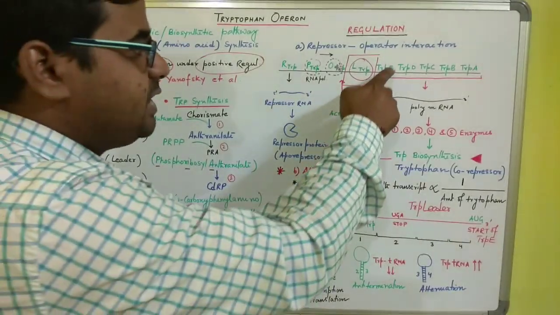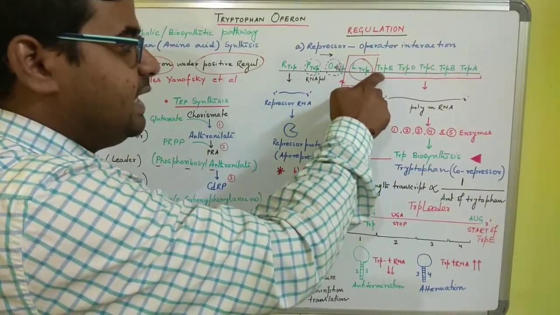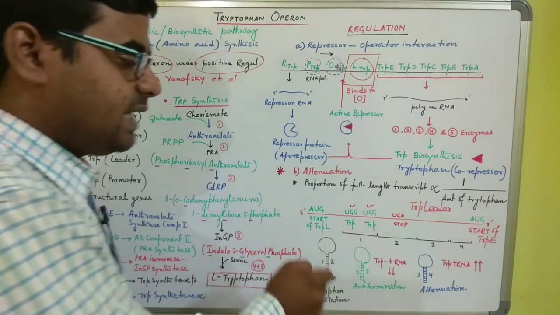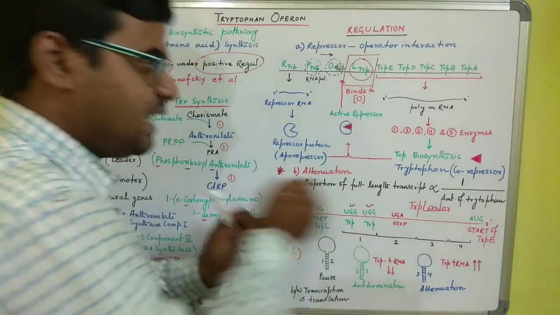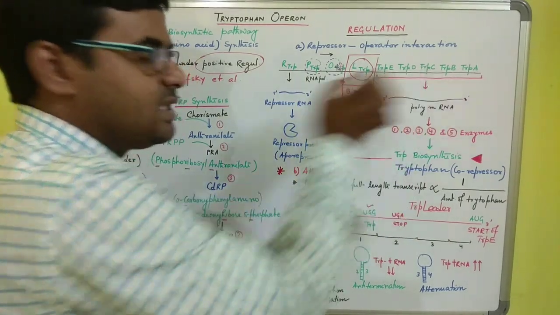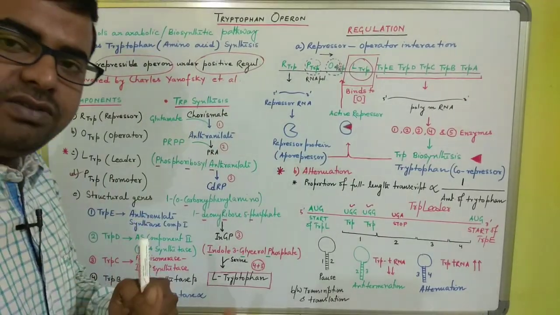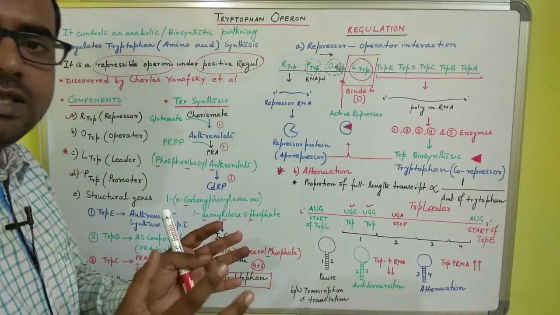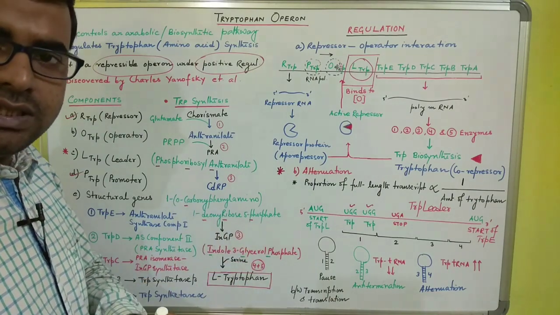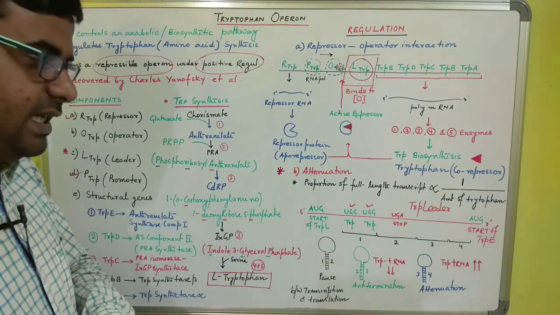The upstream sequence of trp E has a leader sequence, and this leader sequence is transcribed first, before the structural genes. In prokaryotes, transcription and translation are coupled processes, and both occur simultaneously.